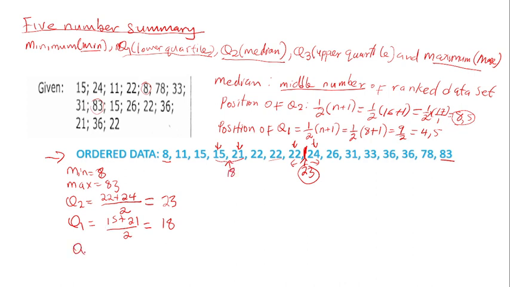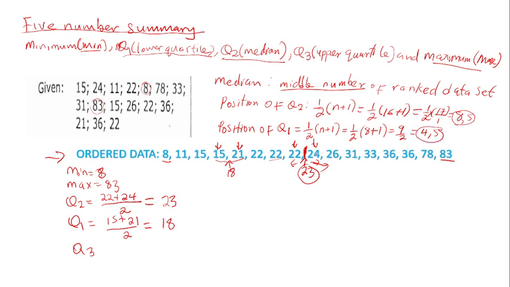Now we can go to Q3. For Q3, we need the median of the second half. Our second half will start from 24 here going that way. We can use the same formula, and we will have the same position of 4.5.